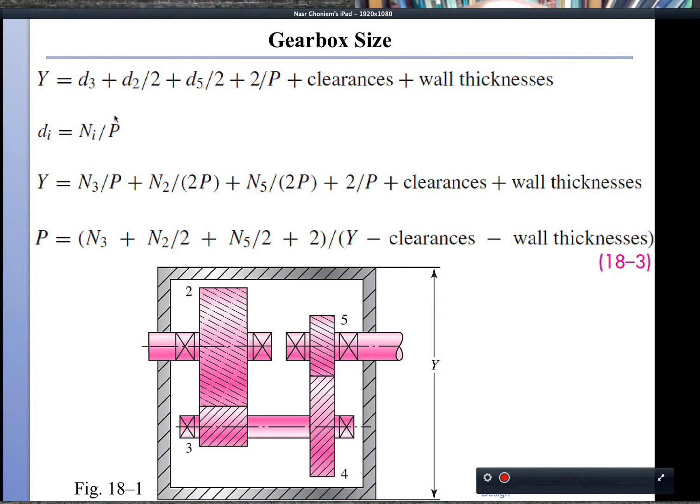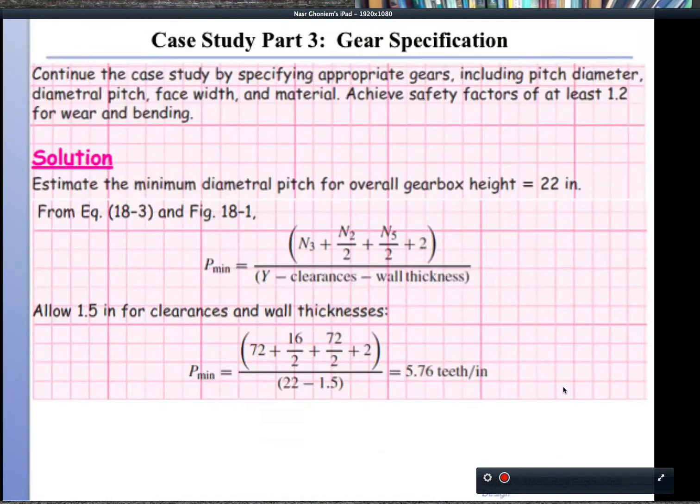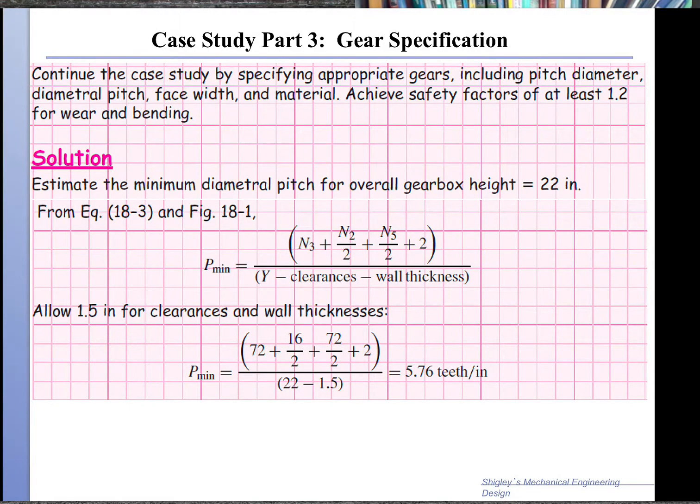Writing the relationship between the number of teeth and the diameter via the unknown pitch, we can resolve this equation for the unknown pitch P, given that we know all of the number of teeth that are required. So if you look here, you see that P minimum, you add up all of the teeth that you have to fit in plus 2 teeth, 1 top, 1 bottom, and you divide them by the available distance, basically Y minus the clearances and the wall thicknesses.